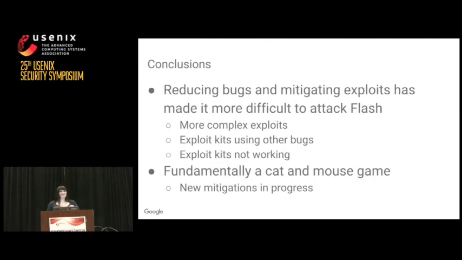And you don't always see this when you're just looking at the Flash 0-days, but what's interesting is what's not there. When we started off, for every single Flash update, there were these exploit kits that would find a bug and then update their exploit kit and exploit it. And now a lot fewer exploit kits are doing that. In fact, a lot of them are moving to other bugs, for example, Silverlight, other vulnerable software.